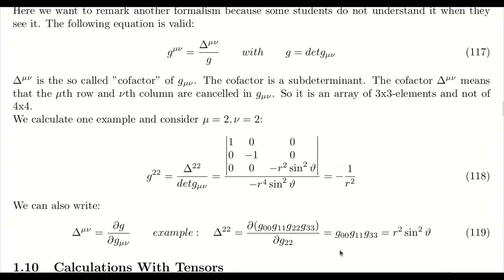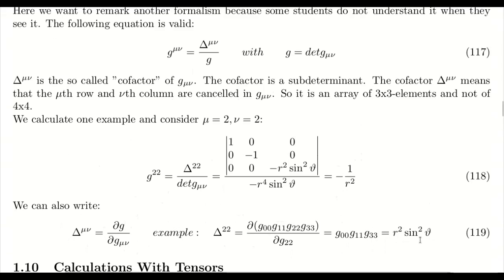And yeah, of course, if we execute the differentiation, then the derivative is only the product of the 3 remaining elements here. And g 2 2 is cancelled out. And yeah, if we multiply these elements, then we get r squared sine theta squared.